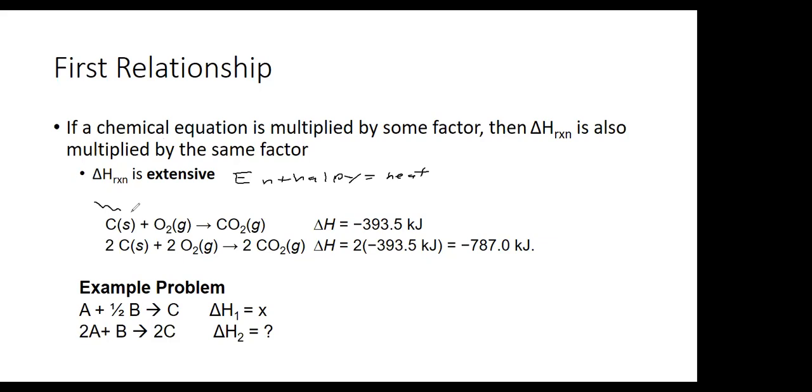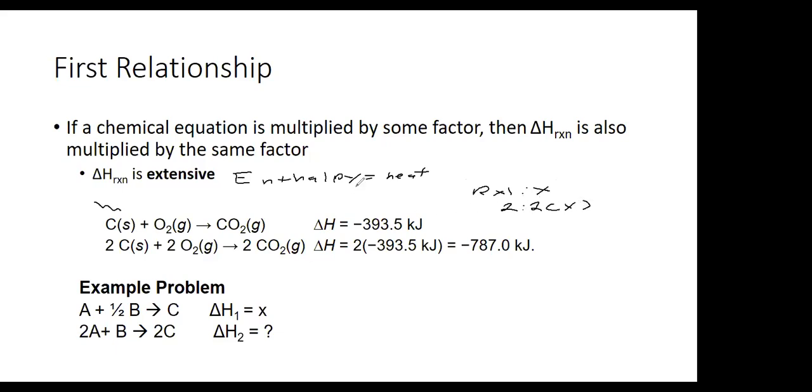So in our example right here, if we double the amount of stuff, then our delta H value is also doubled, right? And so in our example problem that we have, we have A plus 1/2 B to C. The delta H of that is just some number X. So in these example problems I'm showing on these slides, you can think of X as a number. It doesn't matter what number it is. Therefore, in reaction 1, it's X. So in reaction 2, if I double the amount of stuff, I just double my value again.